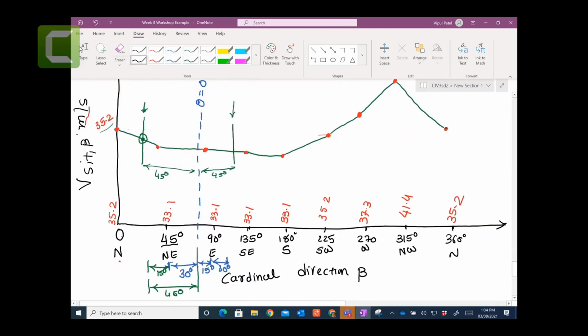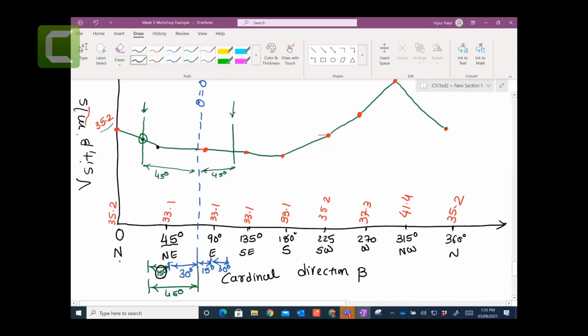Now I need to find the velocity at 15 degree. Because if you measure from here to here 15, from here to here 30, and you have this 45. So my intention is to get this 15 degree from these points, or you can calculate 30 degree from here as well.